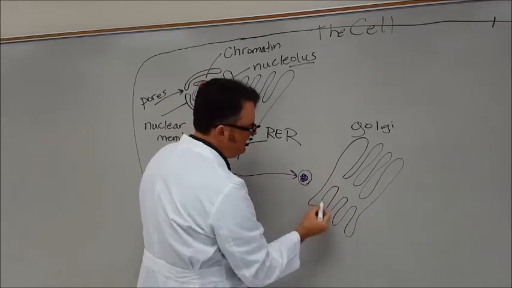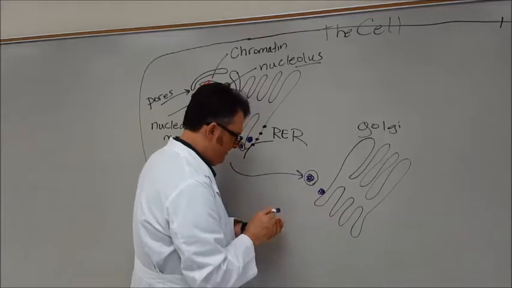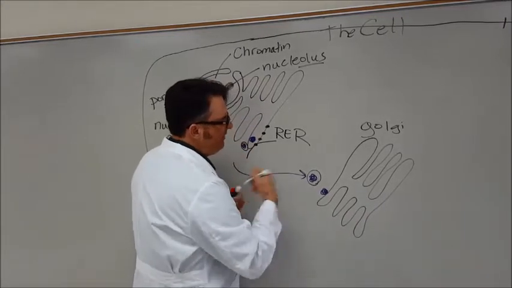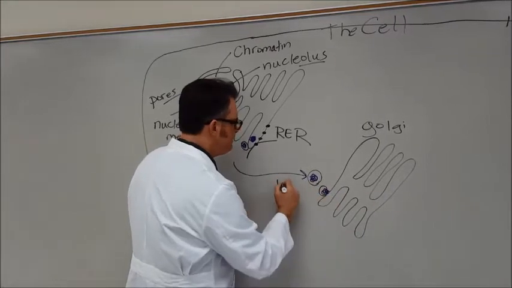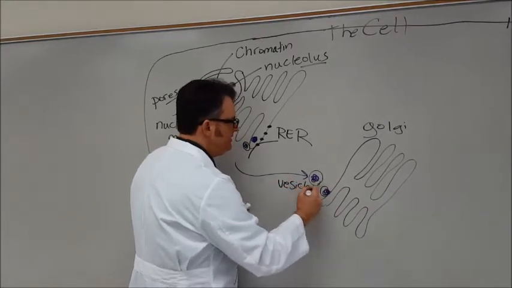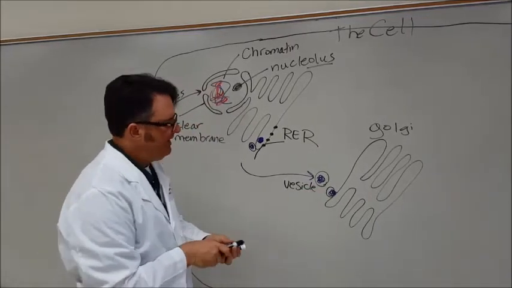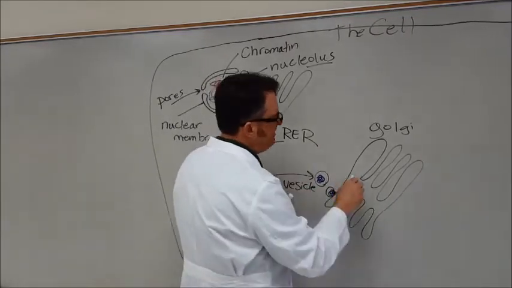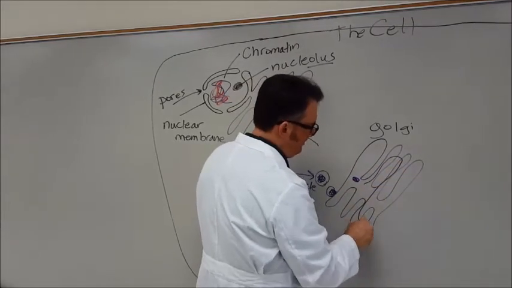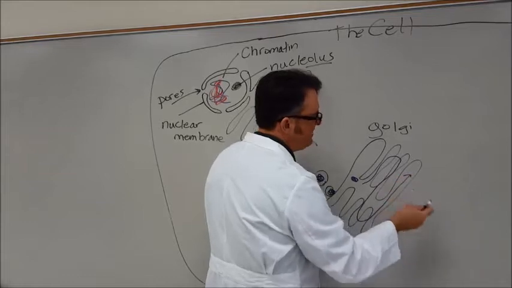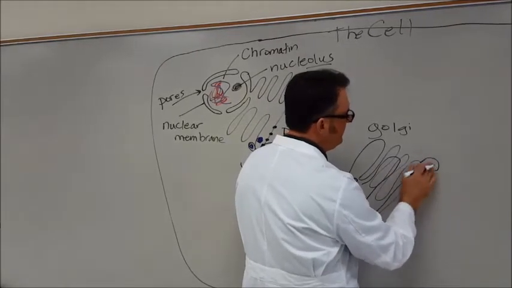So the protein will arrive, let's put it right here, and the membrane of the little vesicle will actually fuse, let's call this a vesicle, will actually fuse with the membrane of the Golgi apparatus, and then this protein will move all through the Golgi apparatus and then be packaged on the opposite side.